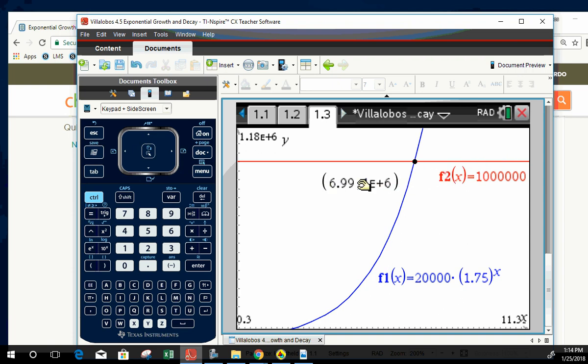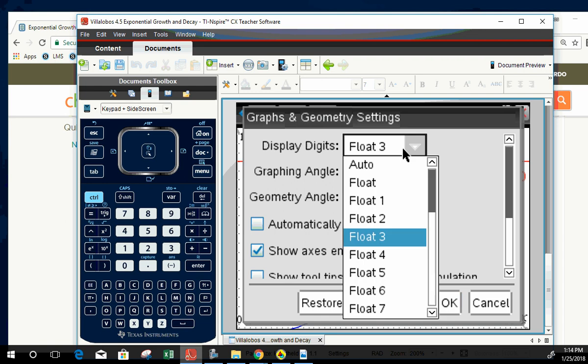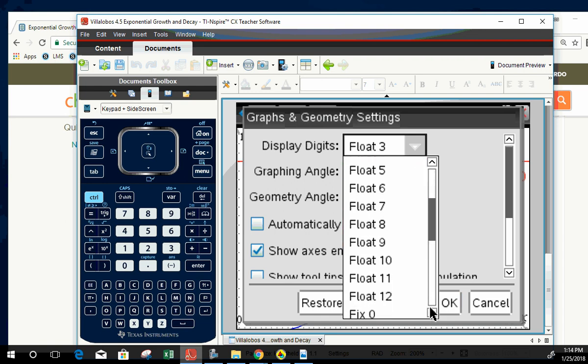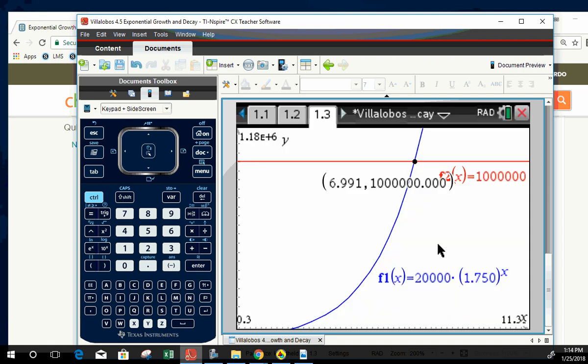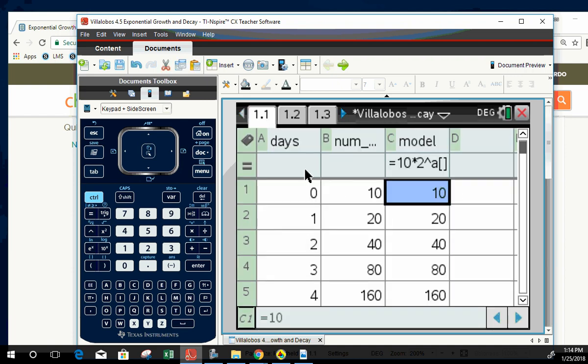And here's another way to do it. Now menu, settings, so that you can fix it. Float 3 to fix. Fix 3 changes my display so it has 3 decimal places afterwards. So 6.999 is max. So basically 7, whatever that was, what were the units I wrote? 7 days?